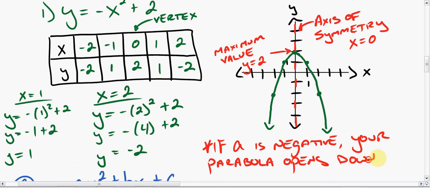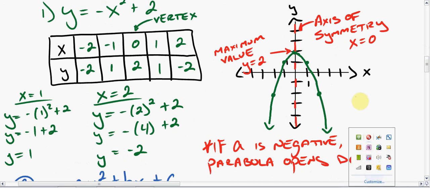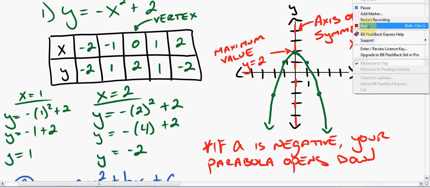And that will always be the case. So if this leading coefficient here, this first number in front of the x squared is negative, automatically you know your parabola will open down. Alright, that's the end of this section. Or this part, sorry.